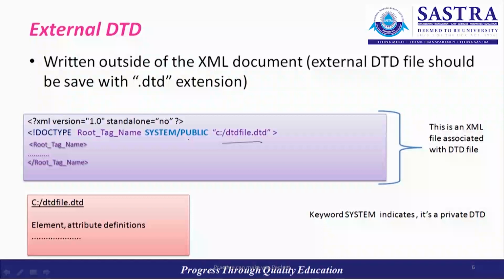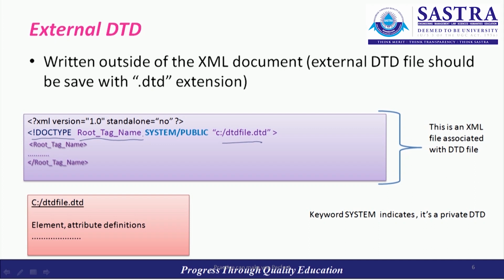Coming to external DTD, instead of creating the DTD internally, look here: doctype, space, and as with internal DTD, we have to give the root tag name. The root tag should be available in your XML document.